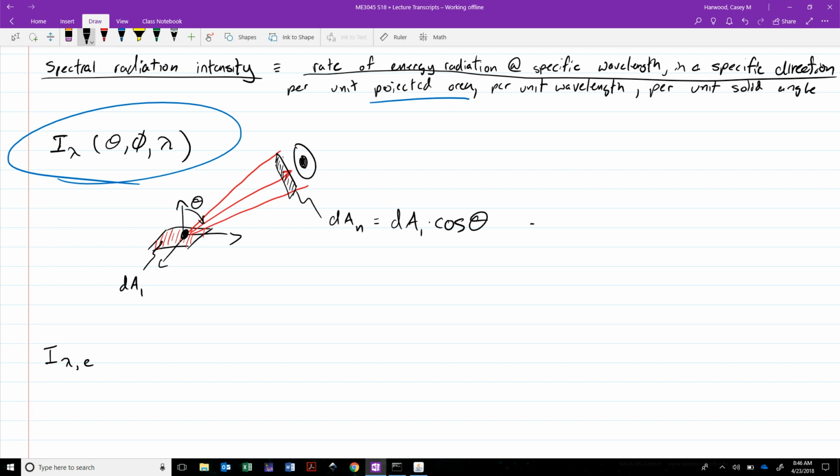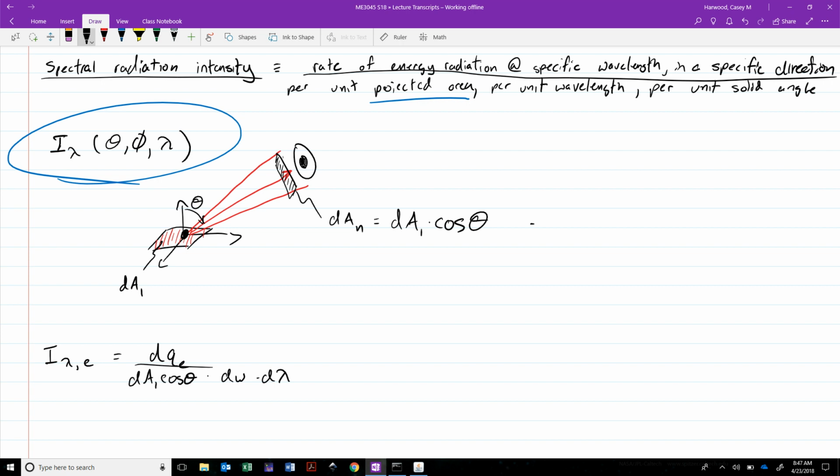It is written as dQe, that is that little bit of radiated energy that's heading out through some solid angle at some direction at some wavelength, divided by dA1 cosine theta, so there's that projected area, times d omega d lambda.